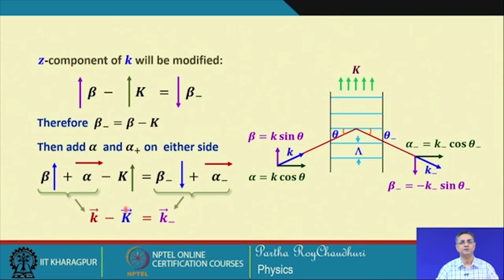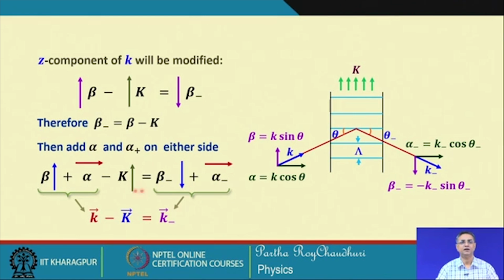This itself is only one component, that is the z component of the acoustic wave, and you have the β₋ z component, you have the α₋ x component. So, these are the vectors, if you add them you get this vector minus K. So, which is very elementary, and therefore this equation comes directly from the vector addition of this.